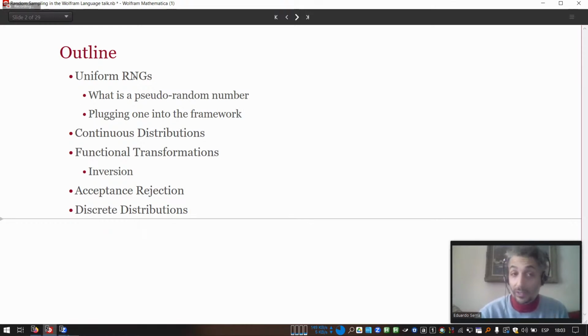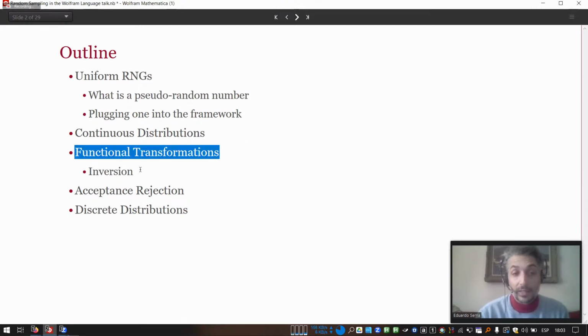So the outline of the talk is I'm going to first talk about uniform RNGs. I then talk about continuous distributions, introducing the different techniques that are available to us. And this is by no means exhaustive at all.